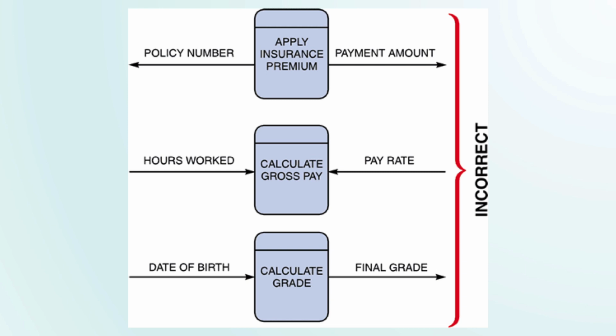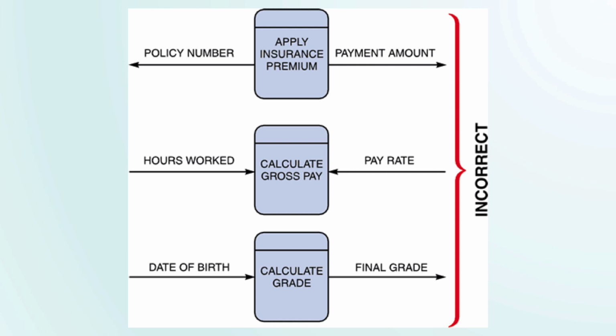And the data flow normally represents one or more data items. The data flow could consist of a single data item, for example, policy number, hours worked, or date of birth, or it could include a set of data.